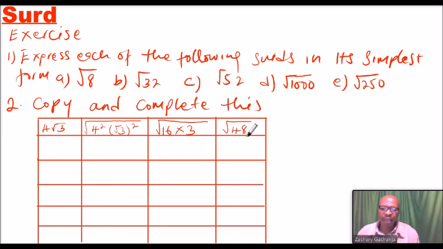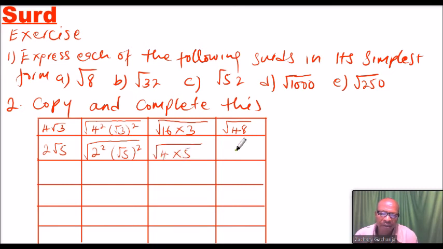So that's a complete row. The others that follow have some missing parts. So this is where we have 2, the root of 5. Then we have the root sign. We have 2 squared, and this is in brackets the root of 5 in brackets squared. We have the root of 4 multiplied by 5, and we have the root of 20.